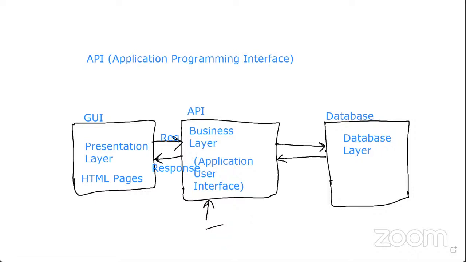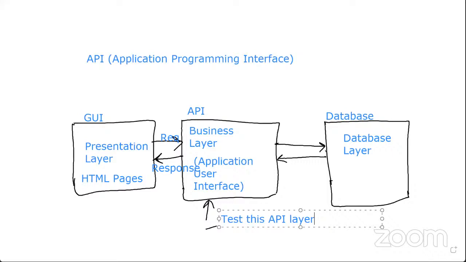So test this API layer, how the data is displayed, what are the APIs that are available, and we will test with some set of input. Then we will check the response we are getting.